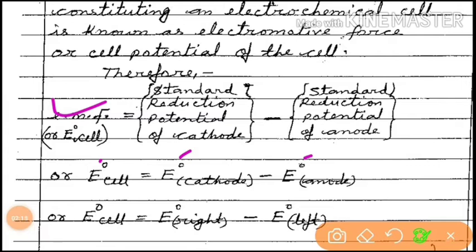But if the conditions are not standard, it means the concentration is not equal to 1 M or the temperature is not 298, in that case, how do we calculate the EMF of that particular electrochemical cell? In that case, the scientist Nernst gave an idea, and he said that if the conditions are not standard, then also we can calculate the EMF of the cell, and that is called E cell. And E cell is known as the EMF of the cell under conditions other than standard.